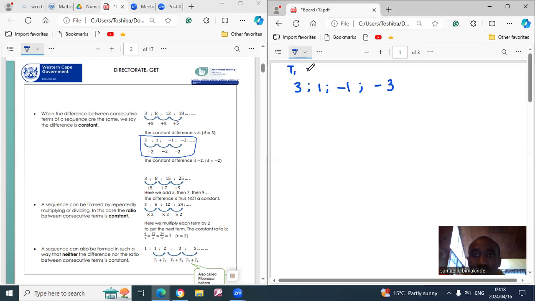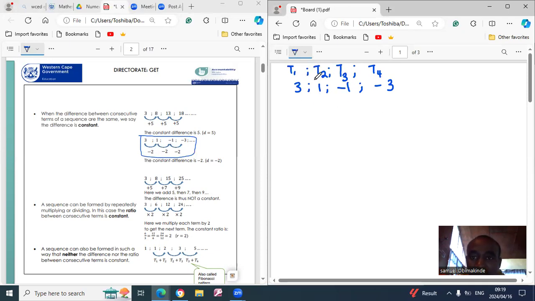And remember that T1 is also called A. The second term will be T2. The third term is T3. The fourth term is T4. So here, T1, the first term, which is also A, equals 3. The second term equals 1. The third term will be equal to -1, and the fourth term will be equal to -3.